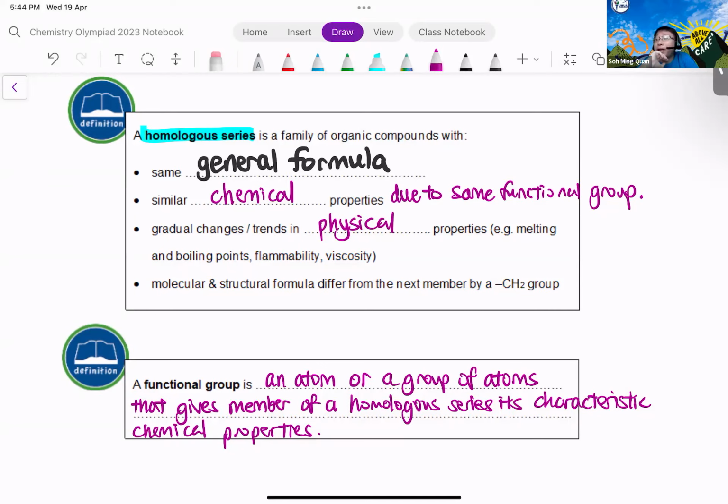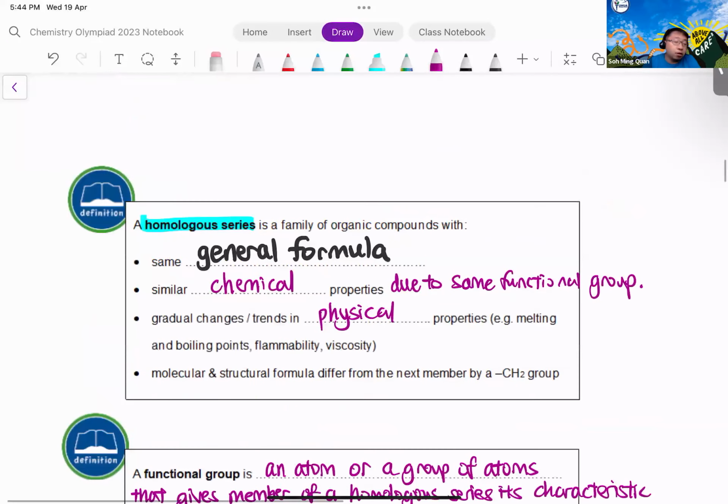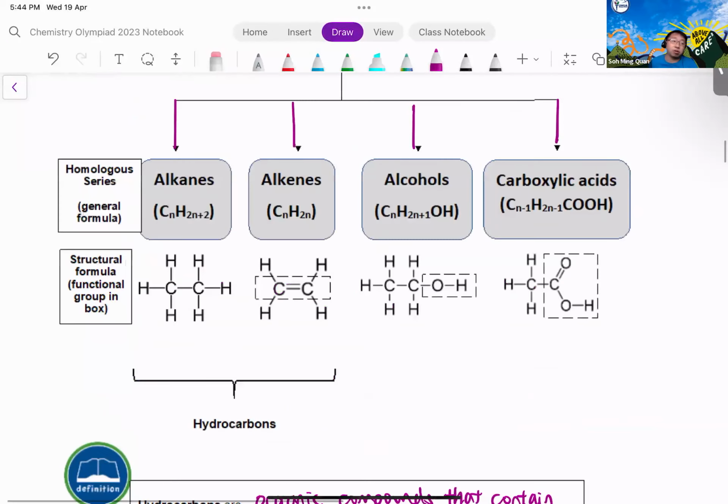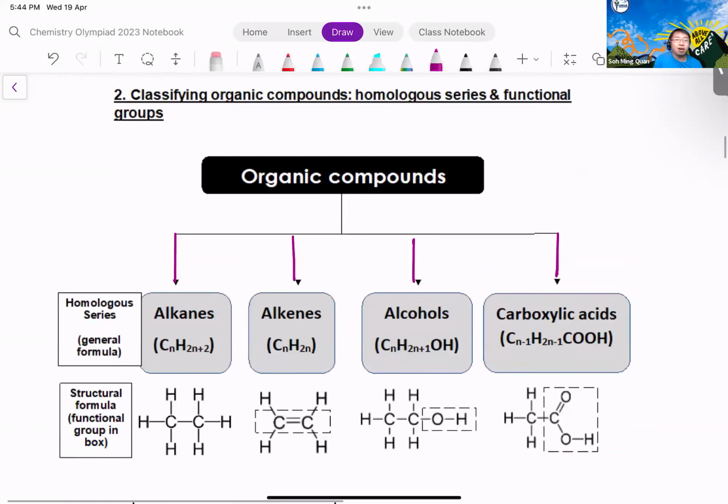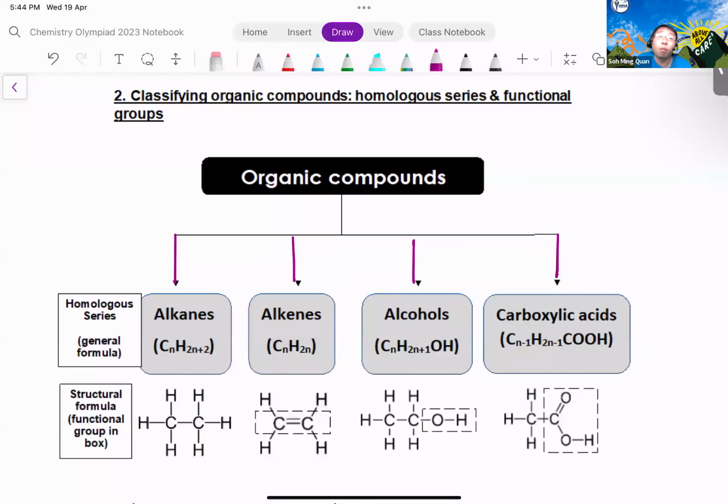Okay, so we're going to go back to page 3, the flow chart. Now, as part of pure chem, O levels, you are only expected to study these 4 homologous series. So you can see, organic compounds can be divided into homologous series, families, if you like. Within each homologous series, they will have different organic compounds.